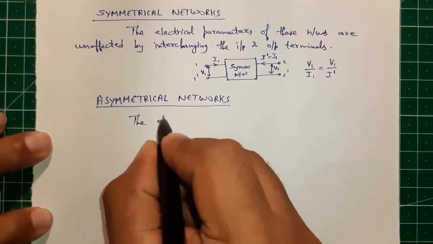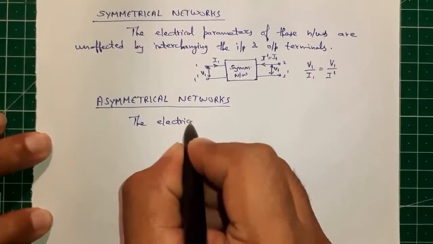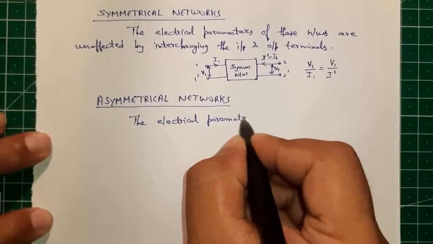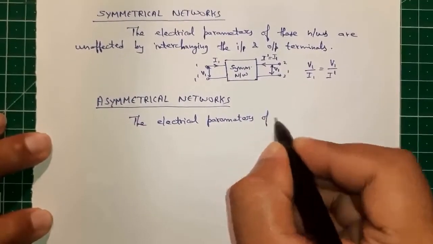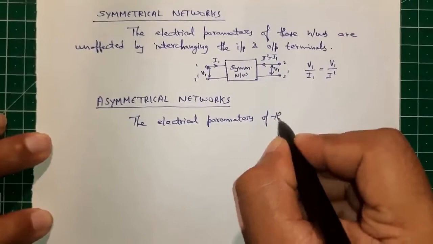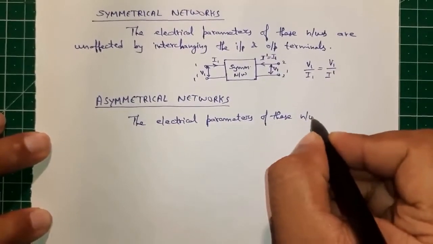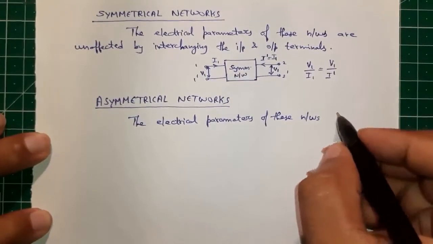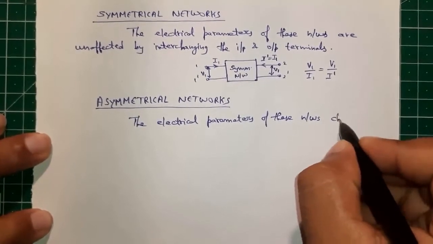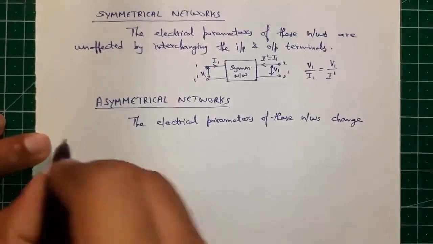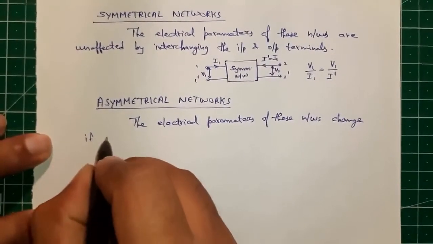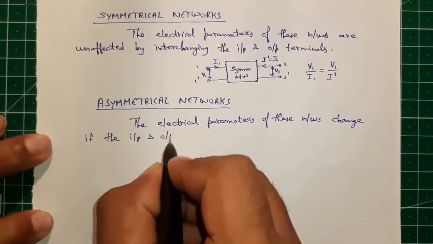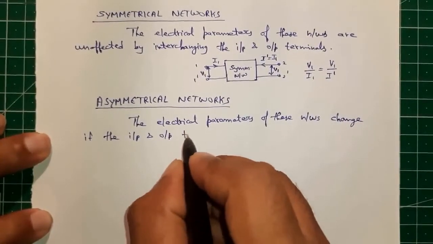The electrical parameters of asymmetrical networks change if the input and output terminals are interchanged.